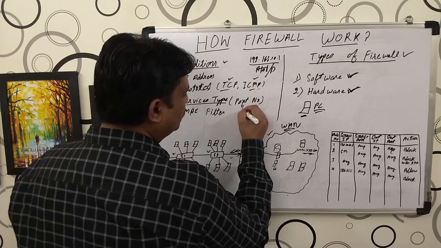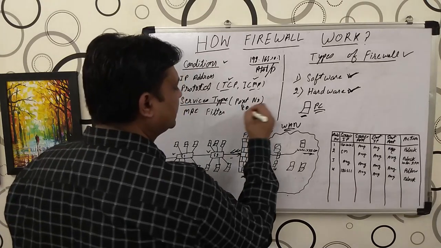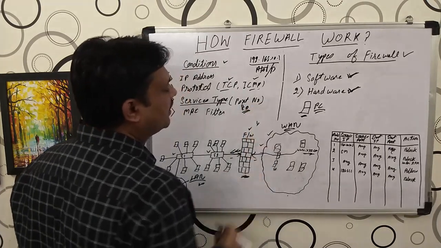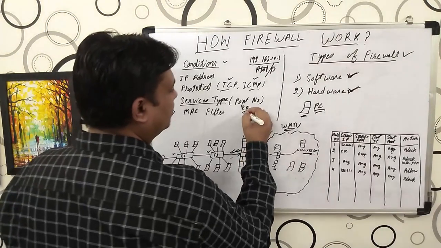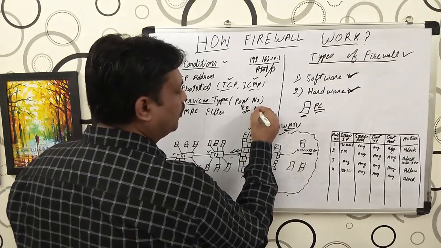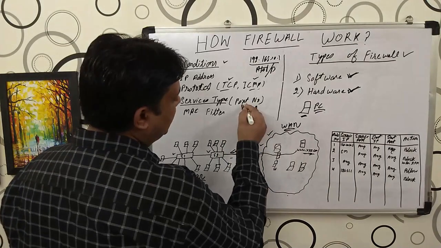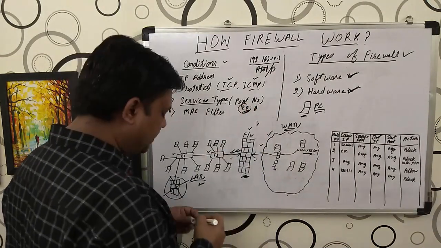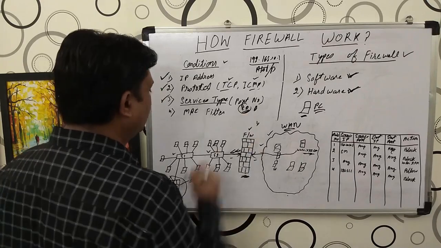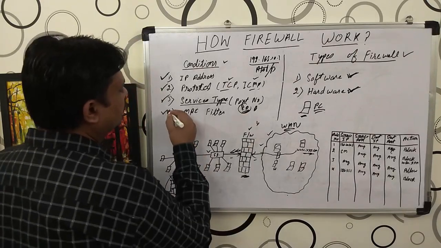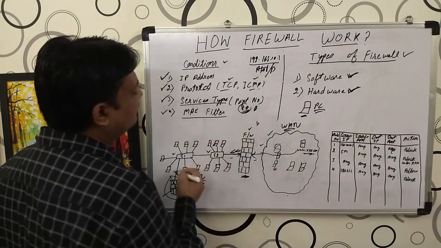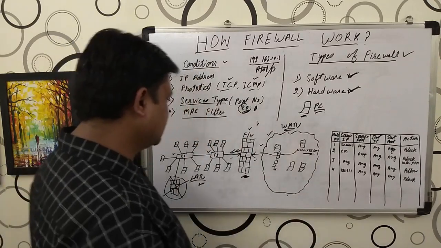If you say that a data packet containing port number 80 should be blocked, it will block all packets whose header information carries port number 80. Then fourth, you can filter the data traffic based on the MAC address.